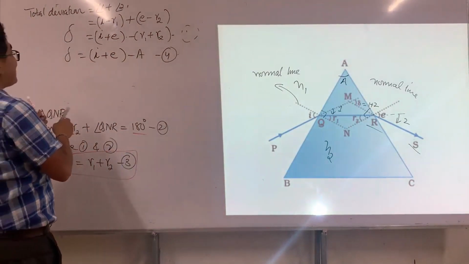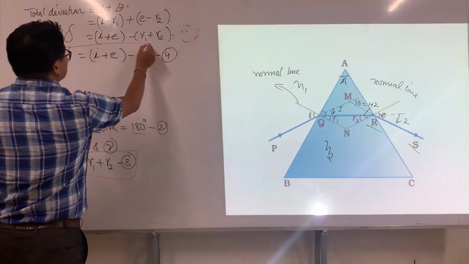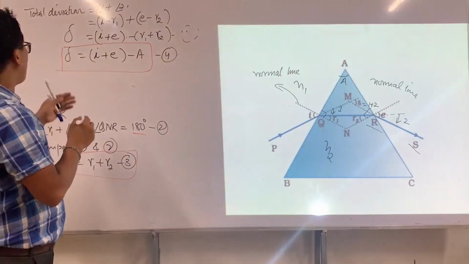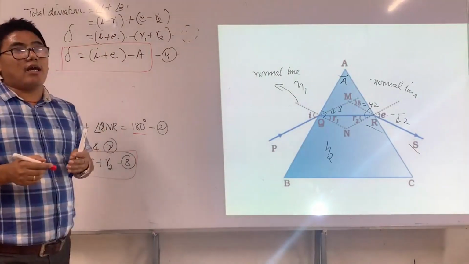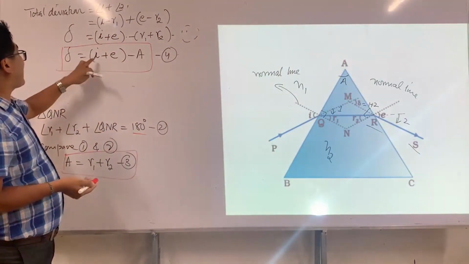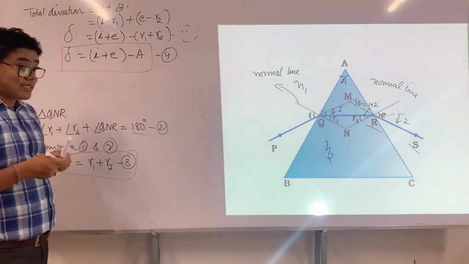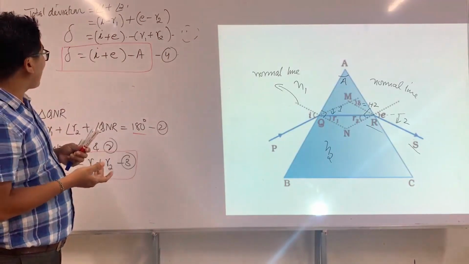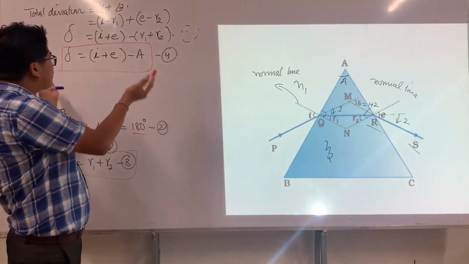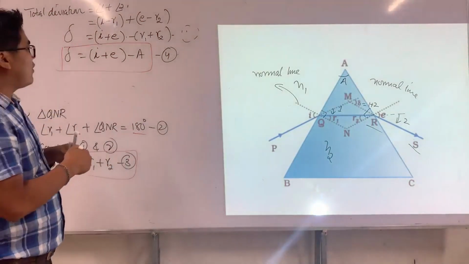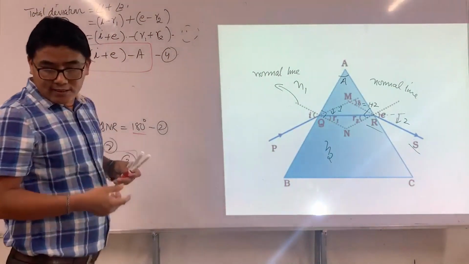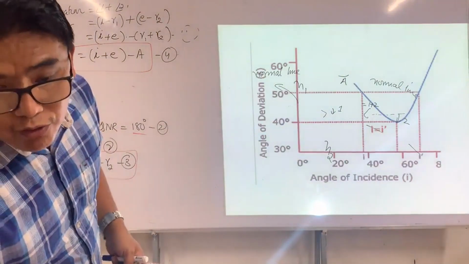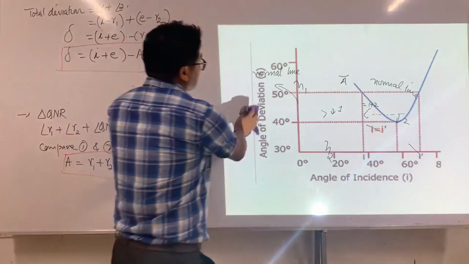This tells us the relation between the angle of deviation and the angle of incidence. So the angle of deviation depends on the angle of incidence. And when we plot a graph, we are going to get this curve.